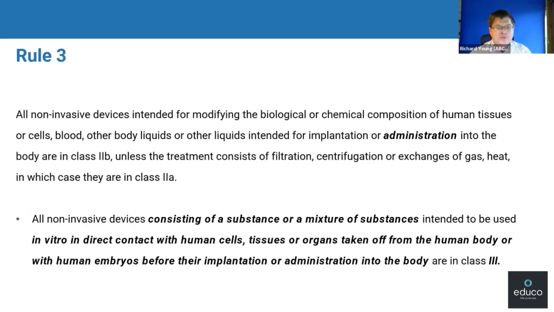We go on to rule 3. Devices intended to modify the biological or chemical composition of human blood, cells or other liquids intended for implantation or administration into the body are class 2B. So we've gone up a class here. Unless the treatment consists of filtration, centrifugation, or exchange of gases, heat, and so on, in which case they're in class 2A.